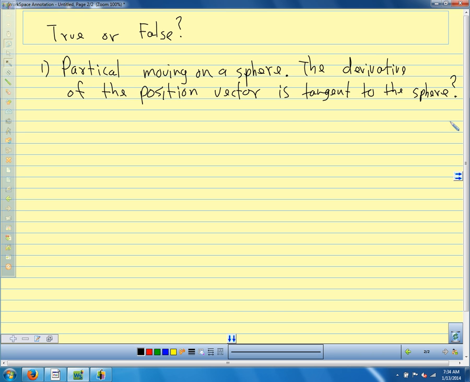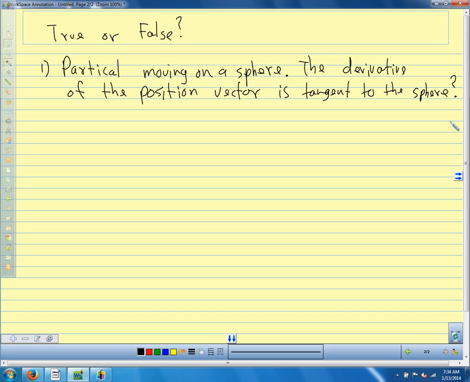So we want to know true or false on that. So we have this particle moving around on the surface of this sphere. Is the derivative of the position vector tangent to the sphere? We want to know true or false. Got a couple tentative truths there.